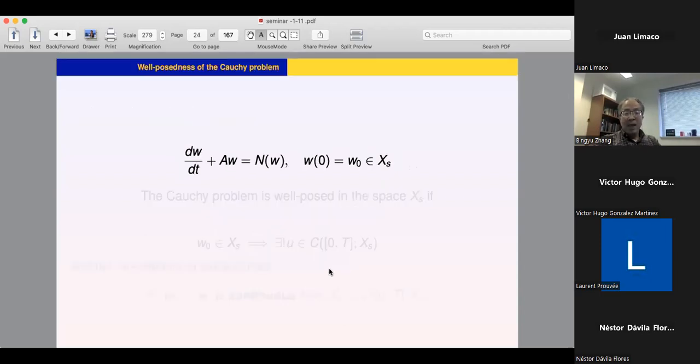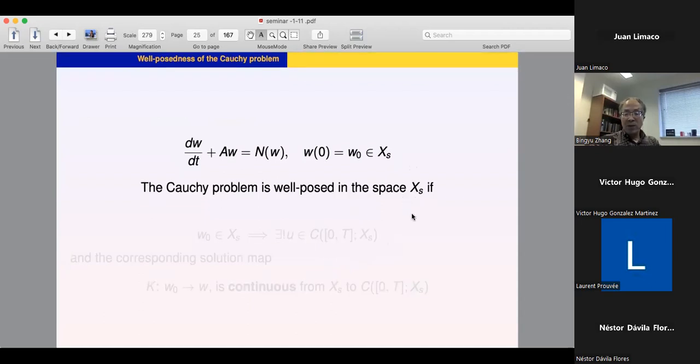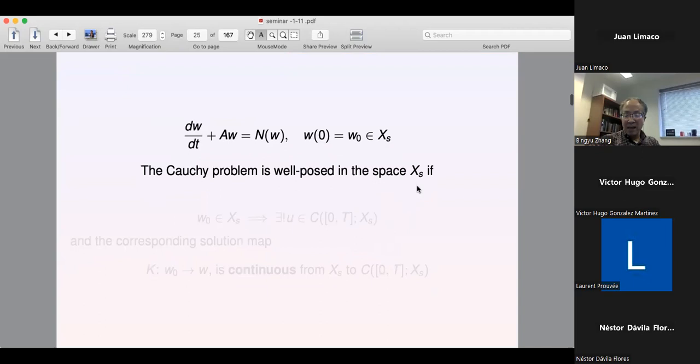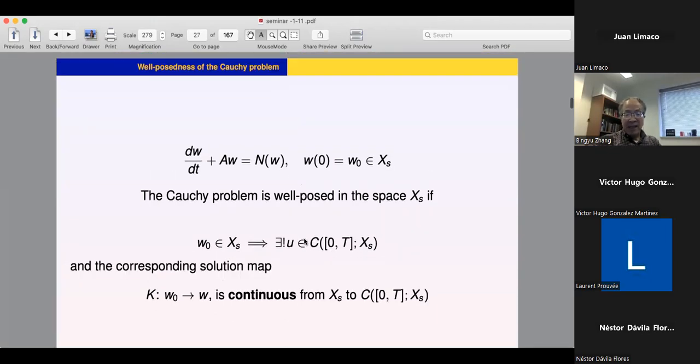We say the Cauchy problem is well-posed in the space X sub S if, given initial data in this space, there exists a unique solution belonging to this function space, and the corresponding solution map from W0 to W is continuous from this space X sub S to this solution space.